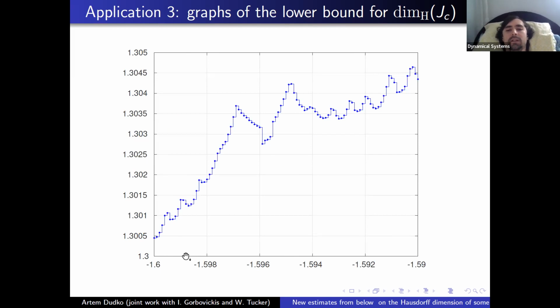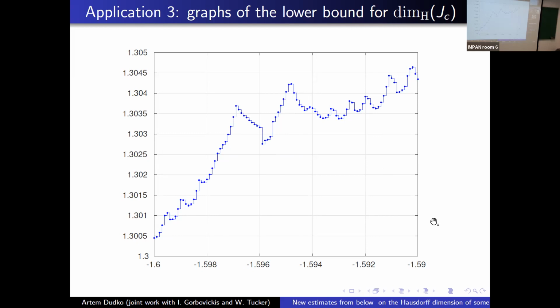And here is a zoom in near the point -1.6 to illustrate how this looks. For each of the small segments, using precise computer bounds, we obtain a uniform lower bound on the corresponding segment. That's why here we have a piecewise constant graph of the lower bound.